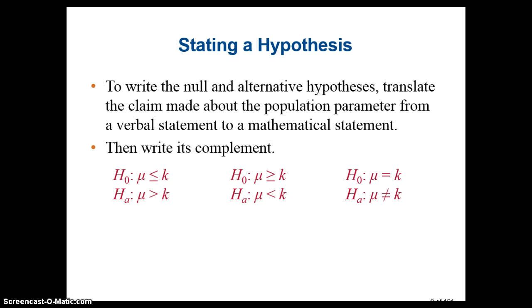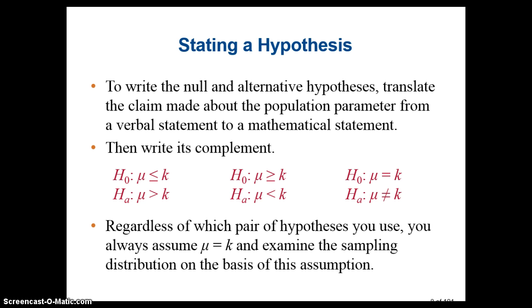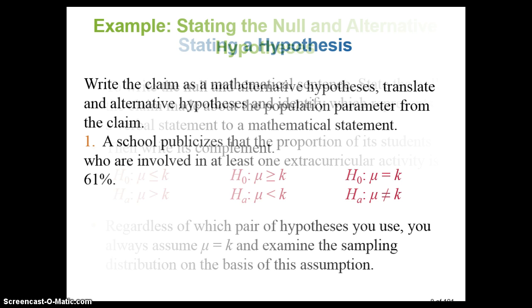What's the opposite of less than? Greater than, right? What's the opposite of equals? Not equals. That's not so hard. As long as you know what the claim is and you know how to mathematically make the equivalent of it, the rest is easy. And again, your H0 statement is always going to have the equal sign somewhere in it.